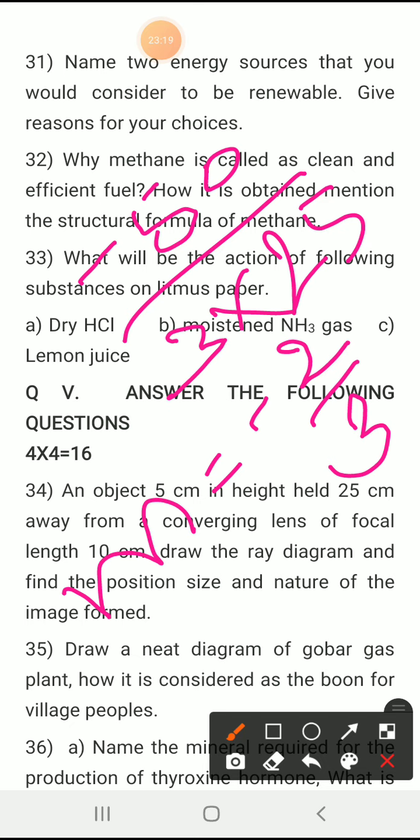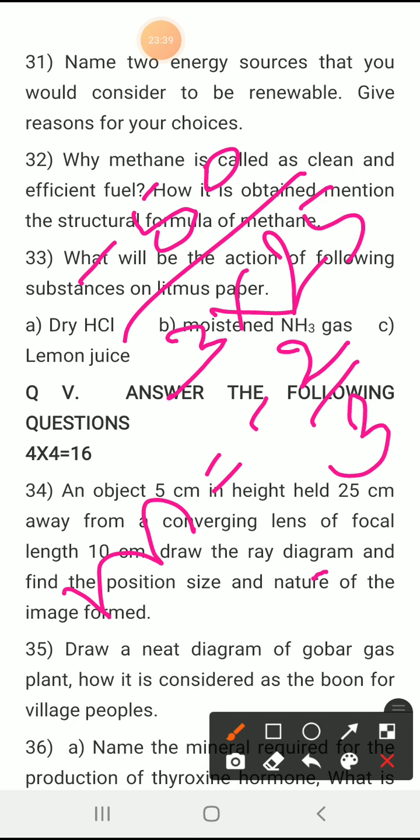So minus 2 divided by 3, we can say this image will be real and inverted. Kindly write down: the image will be real and inverted. Why? Because m comes in minus.